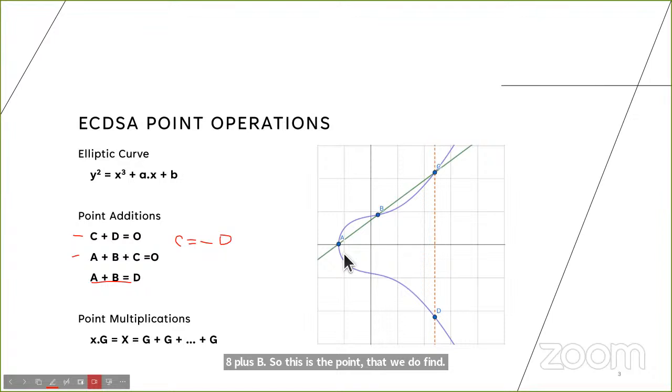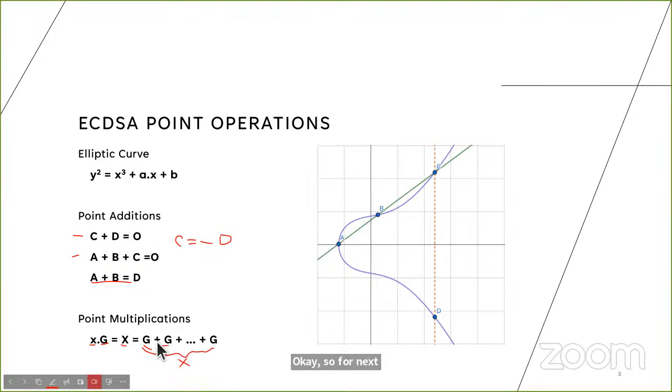Consequently, we can define point multiplication. Let's say X is a scalar, and G is a point, and we want to find the multiplication of X by G. X multiplied by G would be big X, and we can find the result by adding G to itself X times.